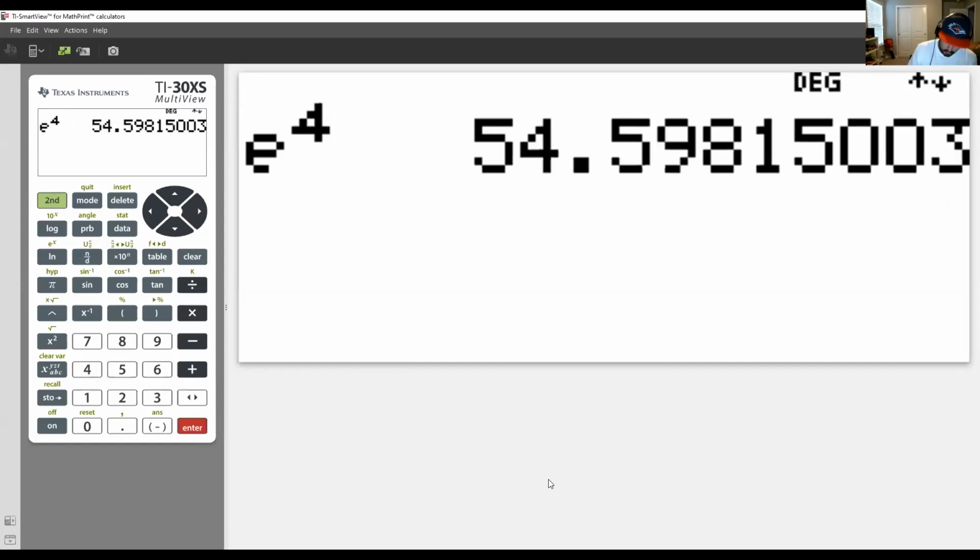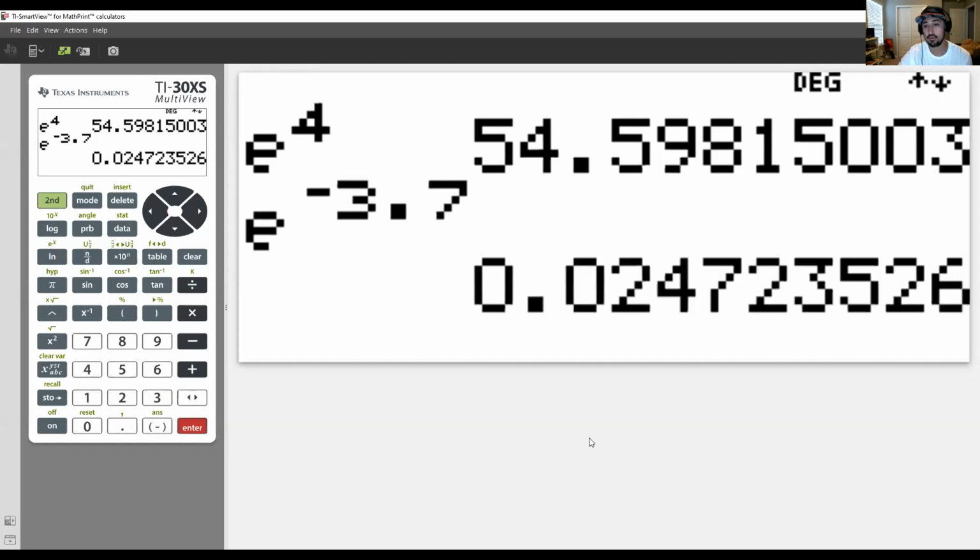And we are rounding these to 3 digits. So we get 54.598 for the first one. Then second, e to the negative 3.7. Enter.